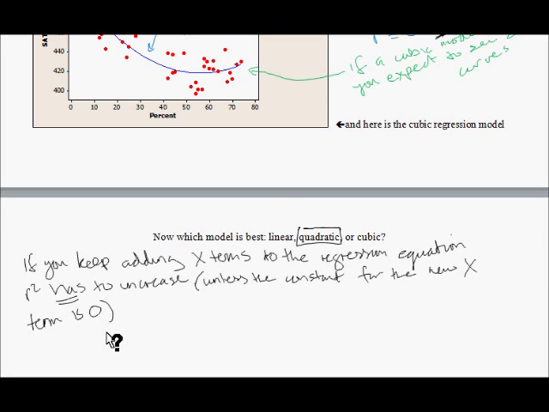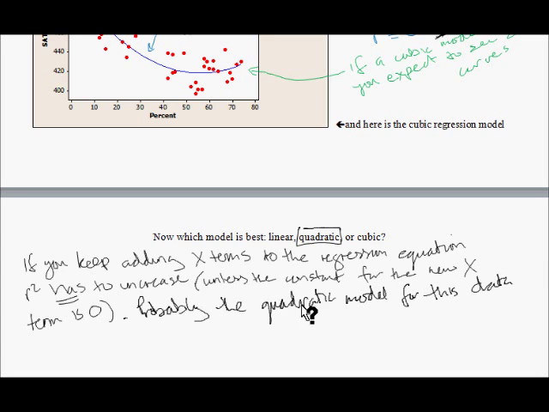The reason is, if you look here, say for this data, probably the quadratic model for this data is the best, because visually a curve is a better fit.